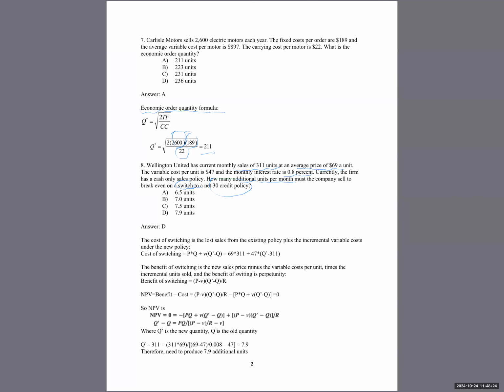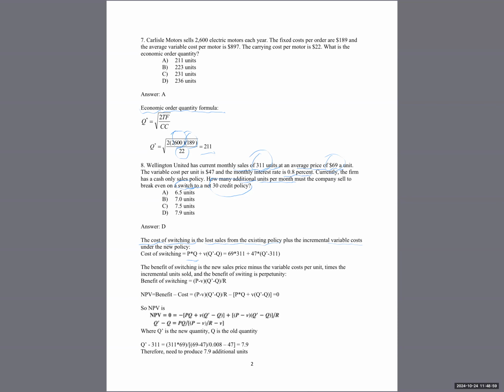In the slides, we talk about the cost of switch and the benefit of switch, and then we calculate NPV. First, the cost of switching is the lost sales from the existing policy, plus the incremental variable cost with the new policy. So we can find the cost of switching by P times Q, that's the current policy. We know the price is $69 and the sales is 311 units.